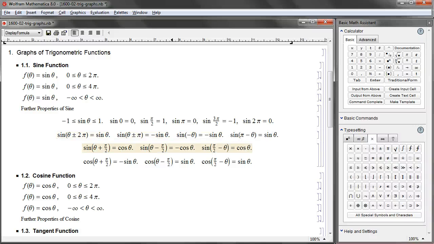And further properties include the relationship between sine and cosine here. The easiest way to see this is to plot the graphs of the sine function and cosine function together in the same viewing window.